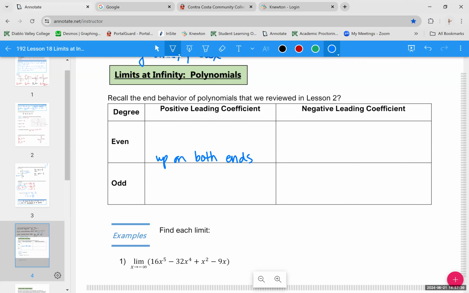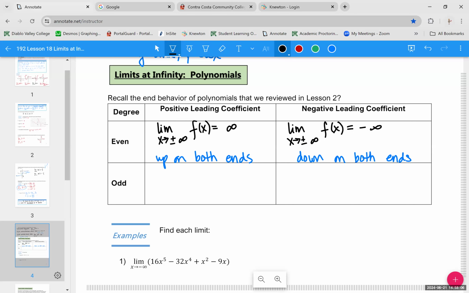And if the leading coefficient was negative, that means it went down on both ends. So write that using limits. The limit as x approaches both positive and negative infinity of your function will be positive infinity, or in the case where both sides are going down, that limit would be negative infinity.